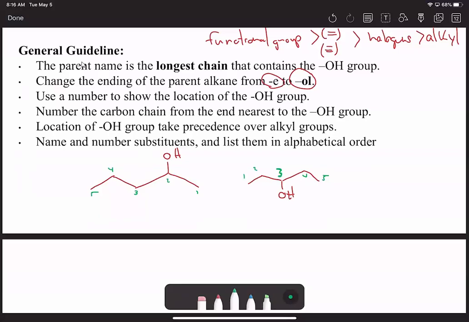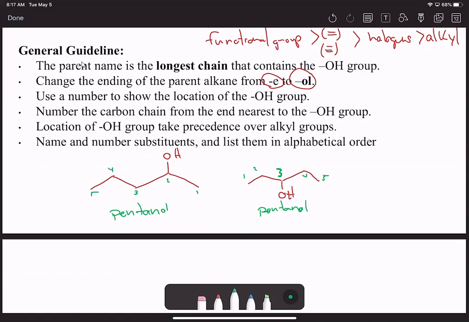But now if we name these, they both come from pentane, but we drop that E and we're going to write pentanol. And over here, 5 carbons, this is also pentanol. But this isn't unfamiliar territory. They're both named pentanol, but similar to how we name our alkenes and our alkynes, wherever the double bond or the triple bond began, we gave it a number as to which carbon it began on.